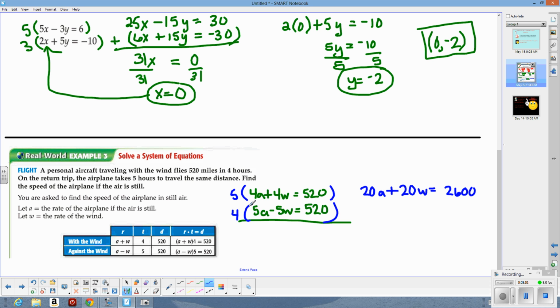On the bottom, 5a times 4 is 20a. And then 4 times a negative 5w is negative 20w. And then 4 times 520 is going to equal 2,080.